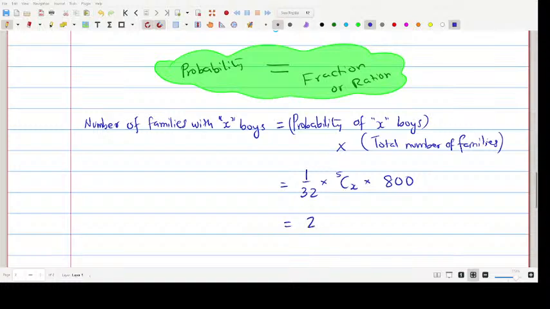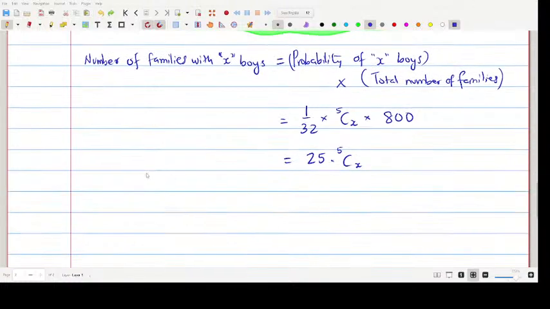So we'll be having 25 times 5CX. Is it so? 25 multiplied by 4 is 100, and 4 multiplied by 8 is 32. So yes, 32 multiplied by 25 is 800. Great. See, the calculations are not that difficult, and probability is a big thing.